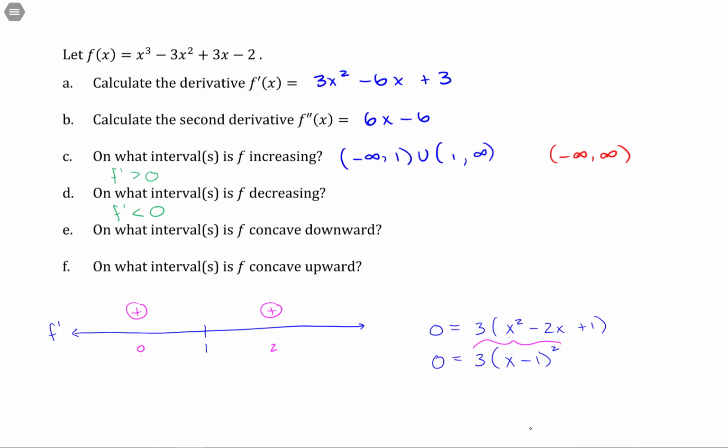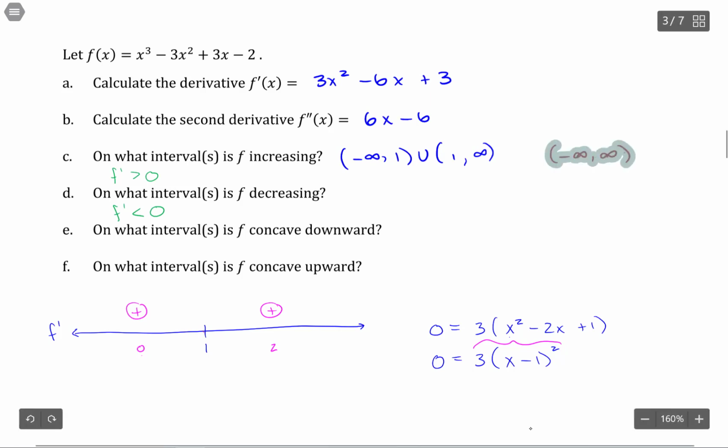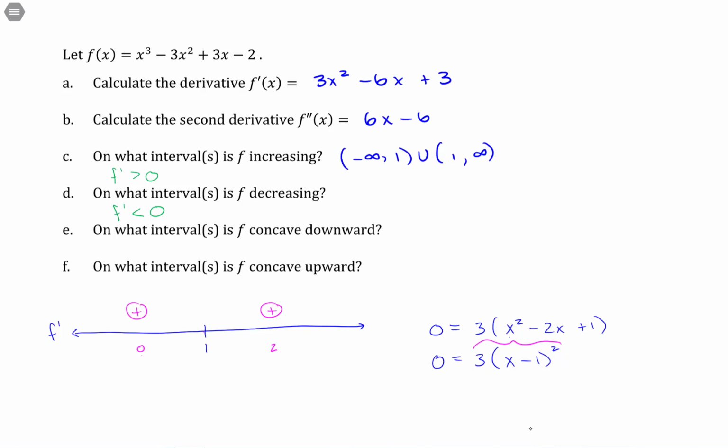It's tempting because these two intervals are sort of joined together, but the problem is we're not including the point at 1. What we say there is the function's neither increasing nor decreasing there. So at that particular point, what we do is exclude it from either of these domains. So that's the correct answer there.